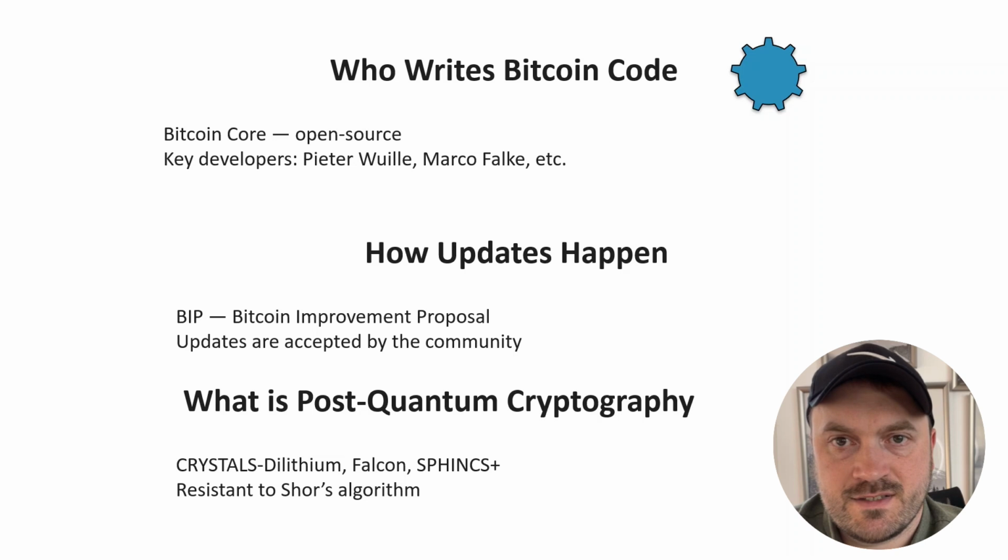How are updates made in Bitcoin? Let's take a look at this topic. To make a change to the Bitcoin protocol, you have to go through a process called BIP, Bitcoin Improvement Proposal. There are some steps to do. First one, a developer writes a BIP, a document describing what change is proposed and why.